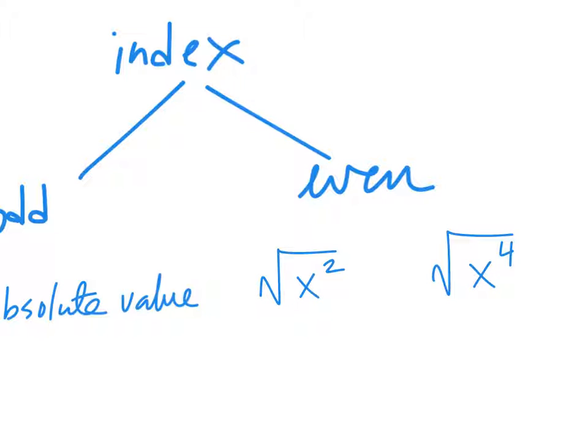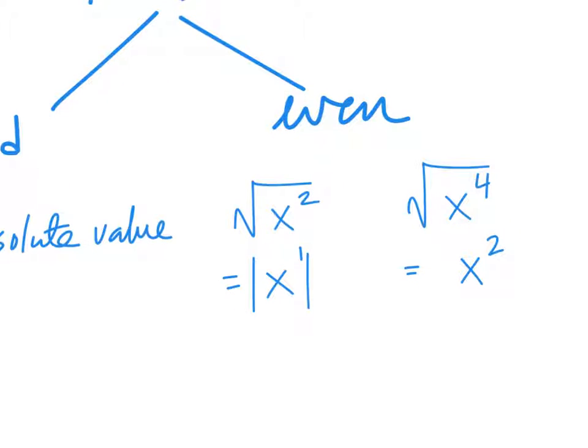Square root of x squared is what? X. Square root of x to the fourth is x squared. Which one needs absolute value? X to the first. So if it comes out and it has an odd exponent, it needs an absolute value.